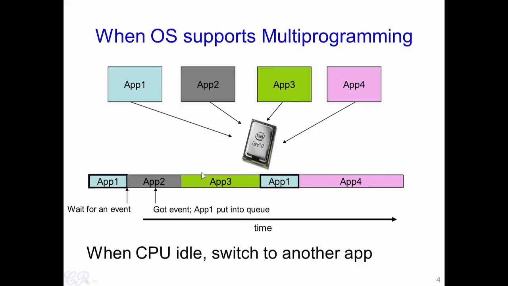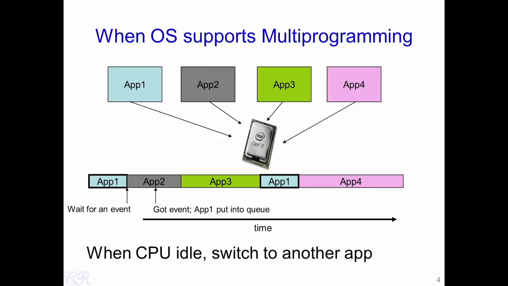A better way to do this is something known as multiprogramming. In an operating system that supports multiprogramming, application 1 will continue to execute until it requires an external event. When a function like scanf gets executed in app 1, that application will become blocked.